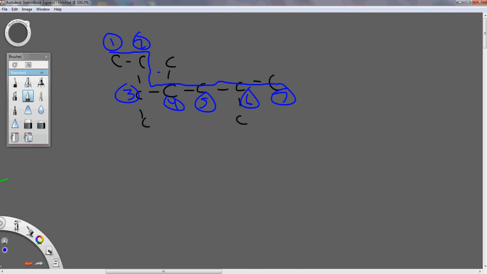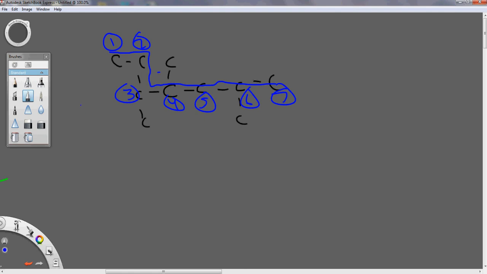Is there another path we could have taken that would have given us a larger one? Let me just check real quick. Doesn't look like it. Hopefully I'm not missing something, but I think this is the largest path in this molecule. So let's name it.